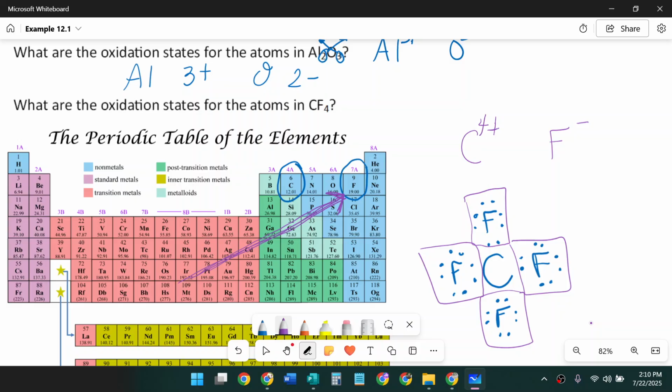So the oxidation state of carbon is 4+, and then the oxidation state of fluorine is 1-. Their oxidation states go along with how they're dragged. All right, in the next section, we're going to have some rules introduced, and then we'll make this process a little bit quicker.